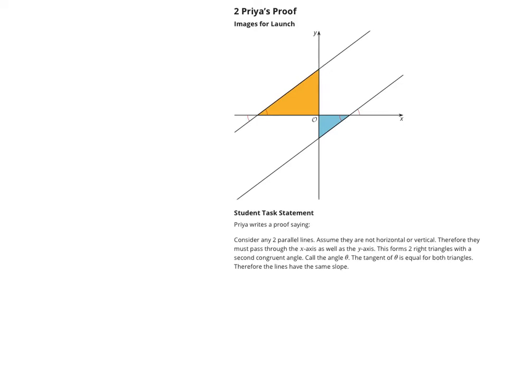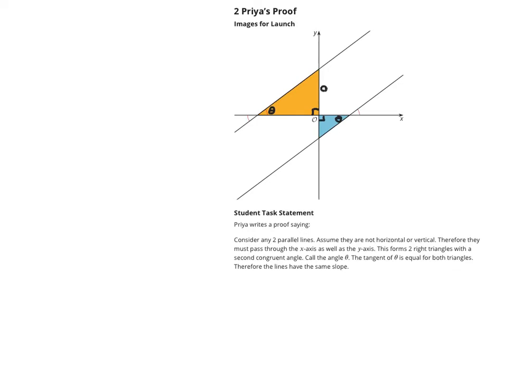So let's mark a few things here. I know that that's a right angle and that's a right angle, correct? They've talked about this being theta and that being theta. And we know that the tangent of theta is opposite over adjacent.